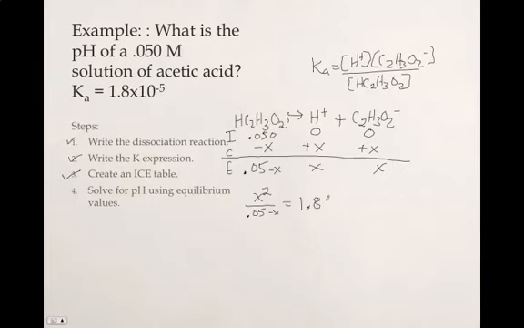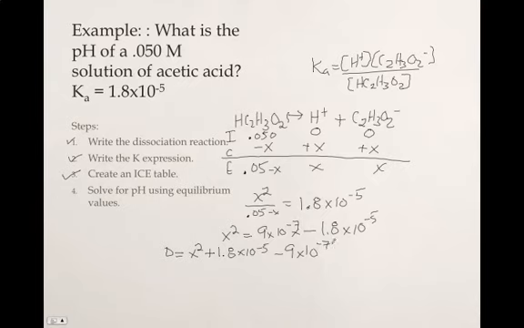When we multiply both sides by the 0.05 minus x, we get x squared is equal to 9 times 10 to the negative seventh minus 1.8 times 10 to the negative fifth x. Set that equal to 0. We get 0 equals x squared plus 1.8 times 10 to the negative fifth x minus 9 times 10 to the negative seventh.